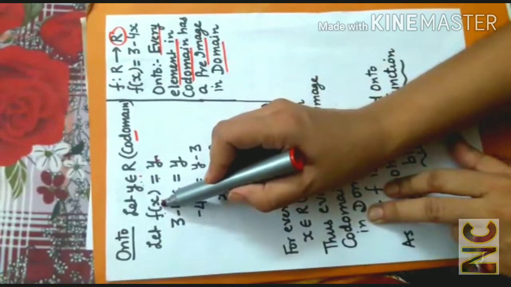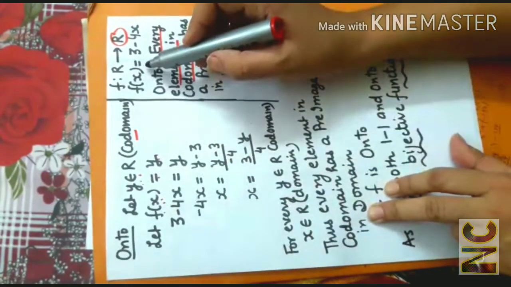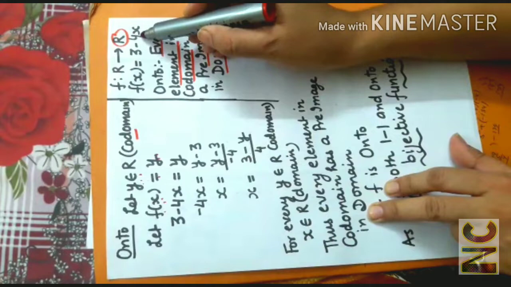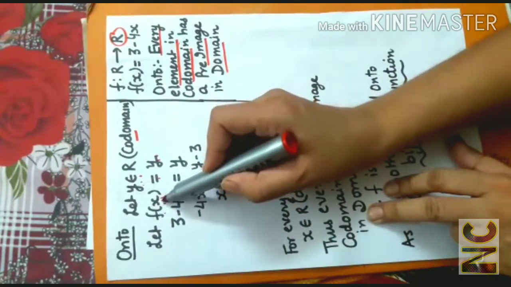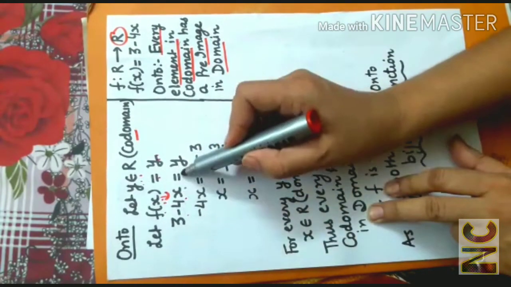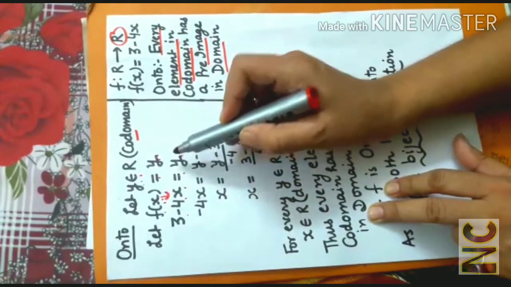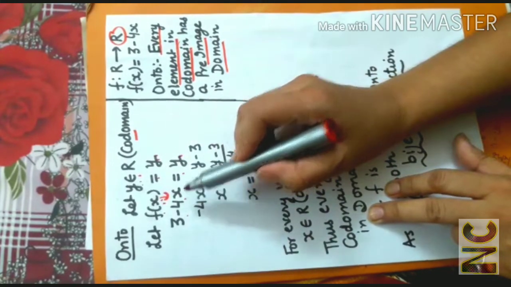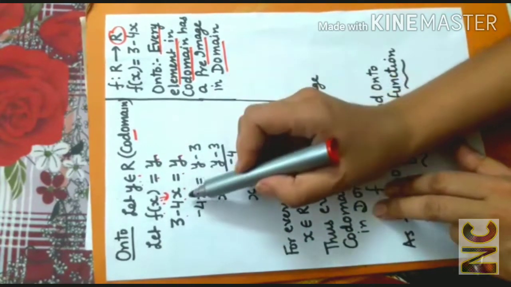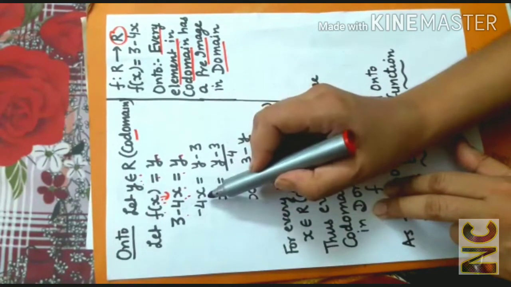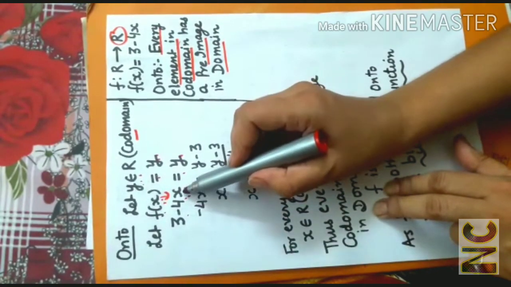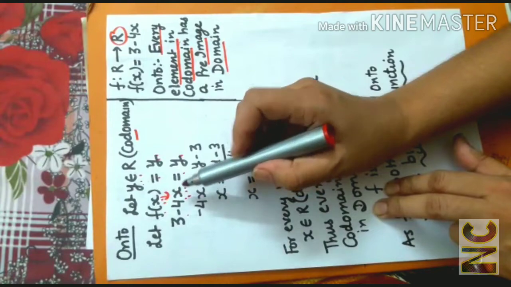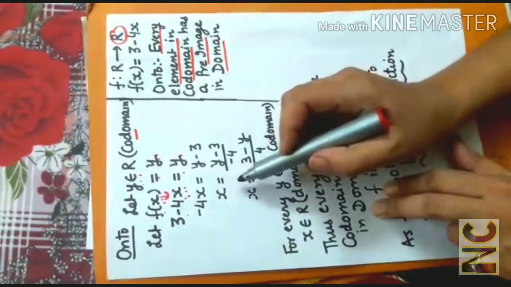So I have assumed that the pre-image of y is x. Now according to the definition of the function, f(x) is equal to 3 minus 4x. So here 3 minus 4x is equal to y. Now remember this. At this stage, we have to express x completely in terms of y.